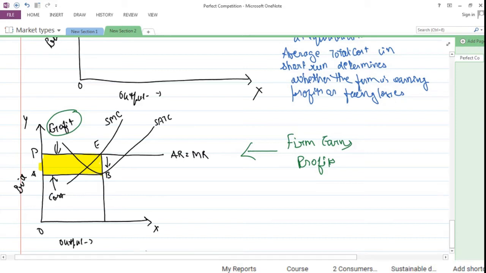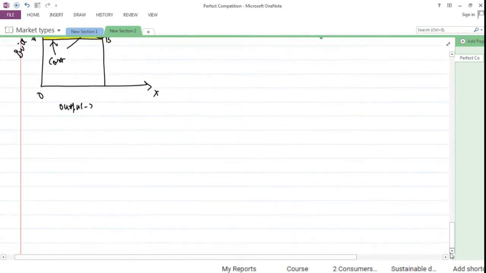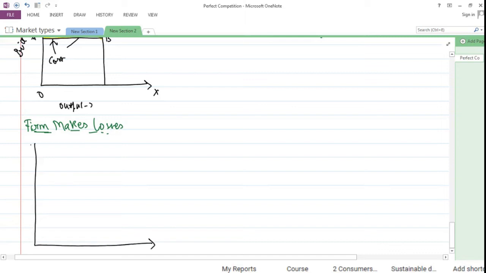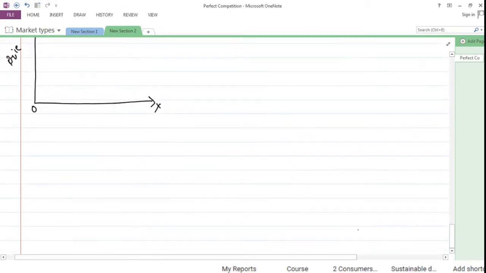Now the second scenario that we would be seeing is that the firm starts to make losses. Now how do we know that a firm is making losses? For that, again let's draw a figure. On the Y axis we have price, and on the X axis we would be showing our output.